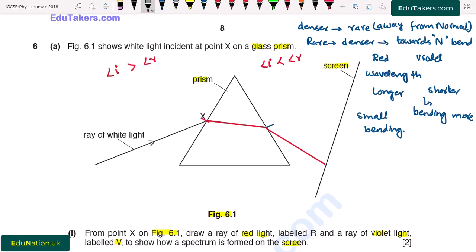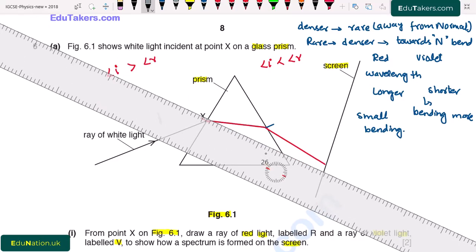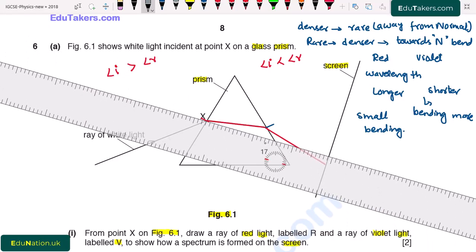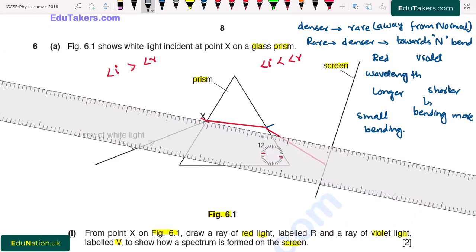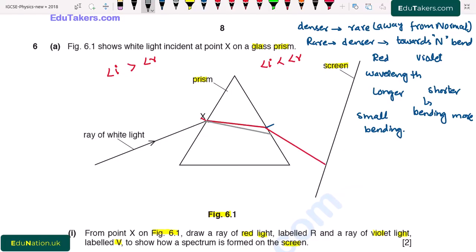Now the bending for the case of violet light will be larger as compared to red. So I will draw its path. The bending will be more. And at this point, I again draw the normal.